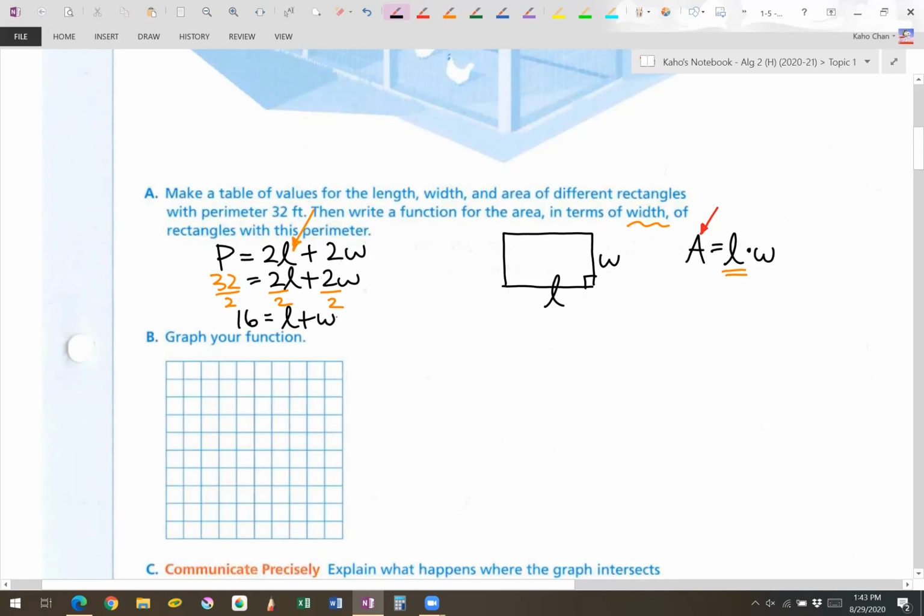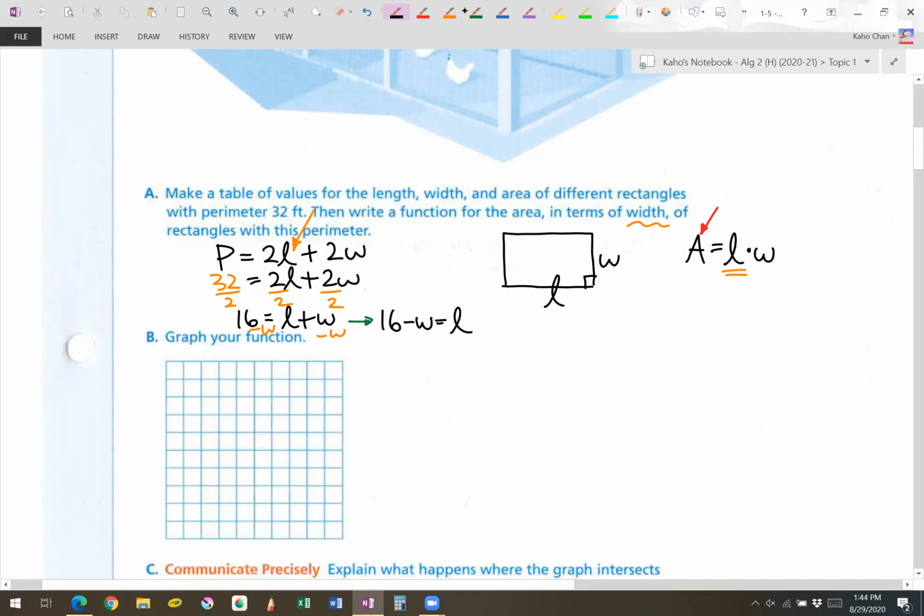That is my goal. I need to isolate L and take what it equals to and put it into the area formula. Well, we have L plus W. To isolate L, I'm going to subtract W to both sides. And when I do that, I'll be left with 16 minus W equals L.